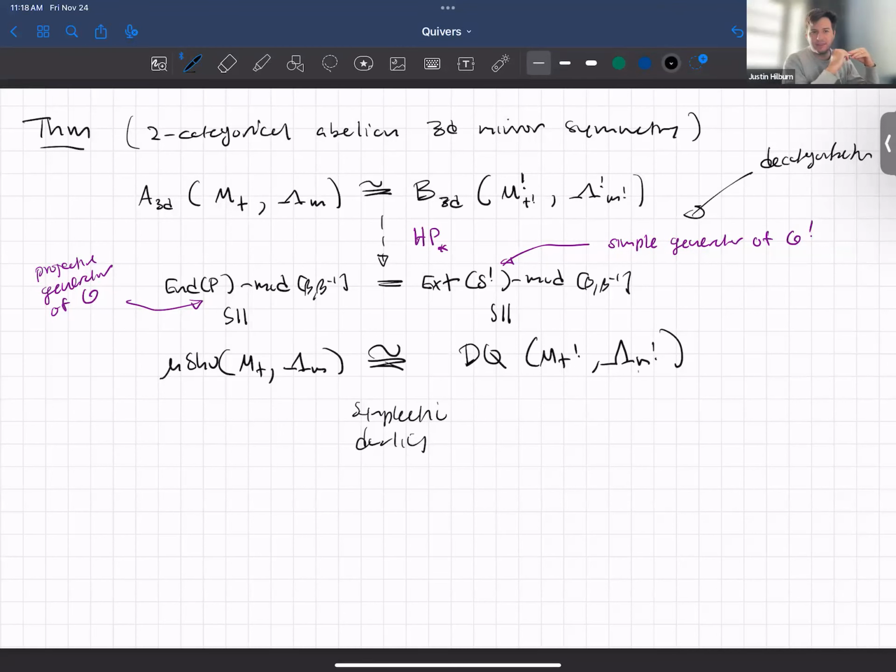Sorry, did you say in the symplectic duality? Yeah, because you wrote symplectic duality at the bottom, but it's under an isomorphism. So I'm still confused about what you call symplectic duality, because for me symplectic duality is the decategorification of two categorical 3D mirror symmetry. Two categorical 3D mirror symmetry is a statement about this Fukaya two category. And because things are non-compact, you need to incorporate the skeleton in some way.